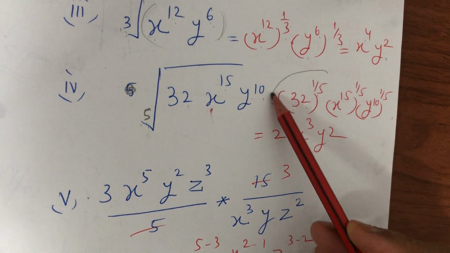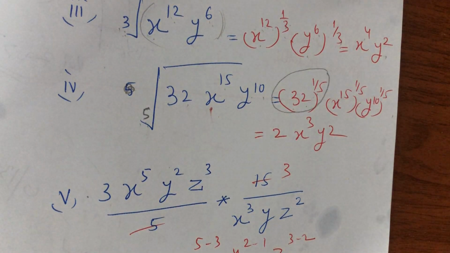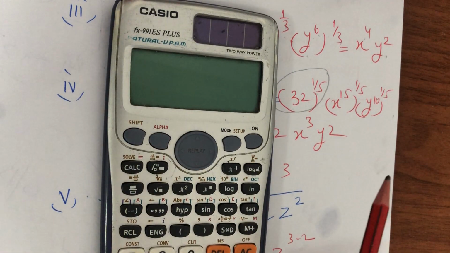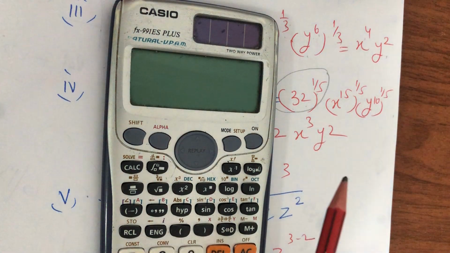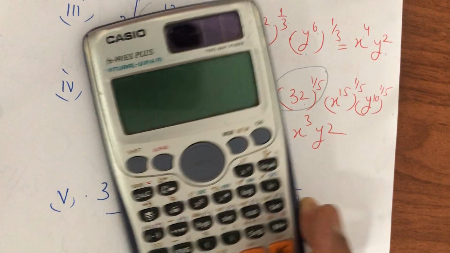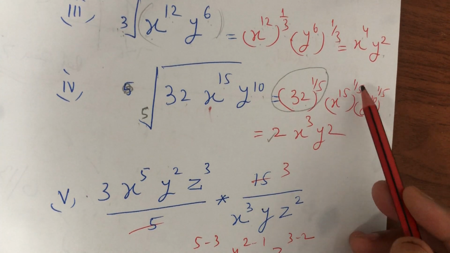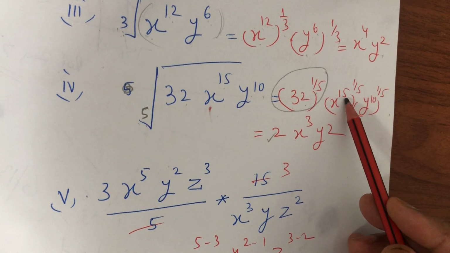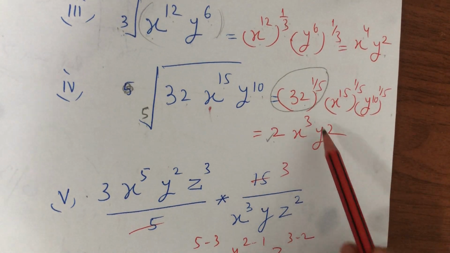This 32 power 1 by 5 comes directly from the calculator. If you put 32 power 1 by 5 in the calculator, you get the value 2. X power 15 multiply 1 over 5 is 3. Y power 10 multiply 1 by 5 is 2. So 2 x power 3 y squared.